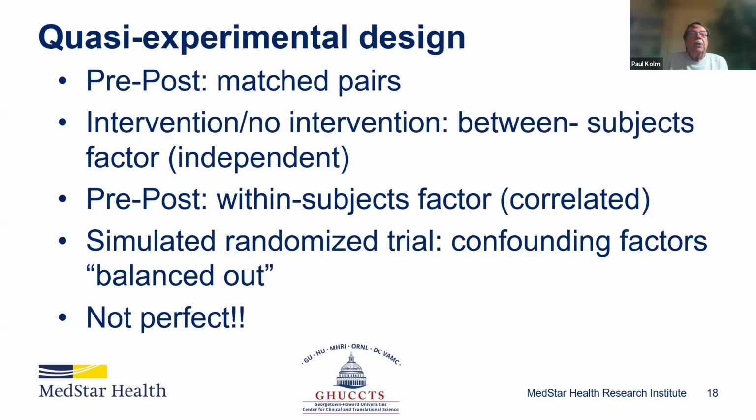When you have a pre-post design, you have correlated data, even though they're different patients, because we've matched them. What we're trying to do is simulate a randomized trial by balancing out confounding factors. Obviously this is not perfect, but it's perhaps as close as we can get in a non-randomized study.